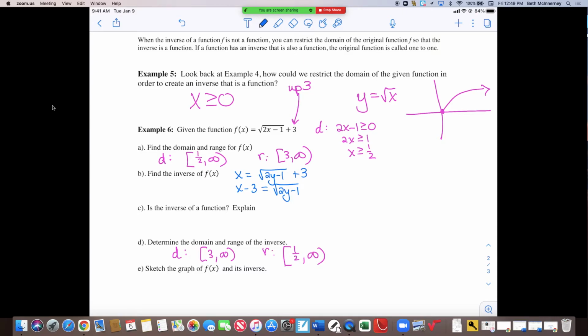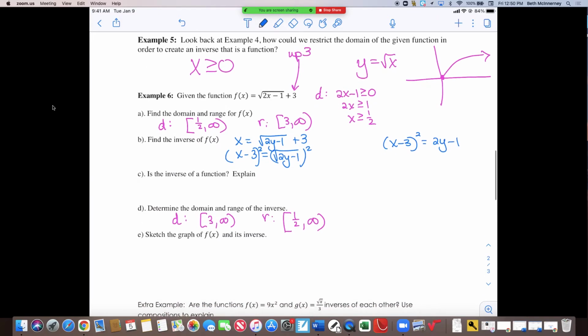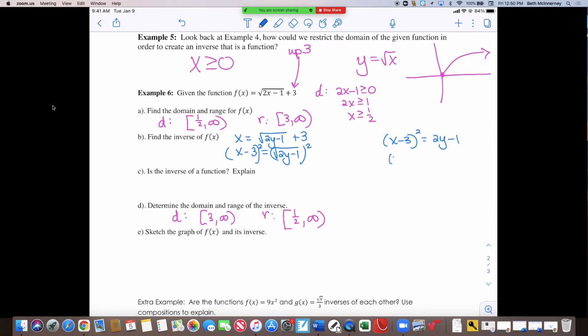All right, well, how do you undo a square root? You square it. So we're going to square both sides. So that's going to give me x minus 3 squared equals 2y minus 1. Then what do we do? Good job. You're going to add 1 to both sides.